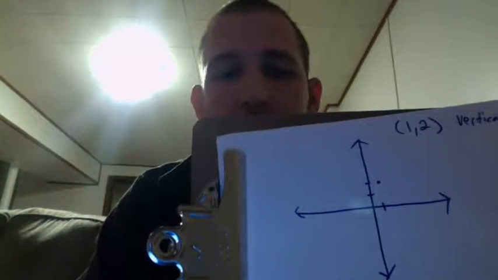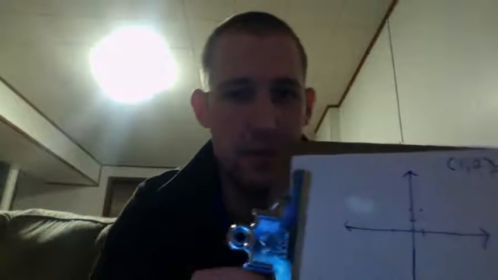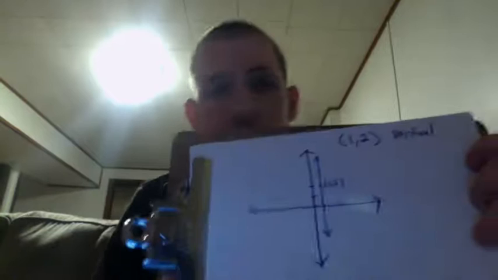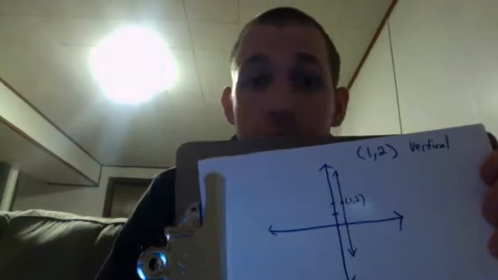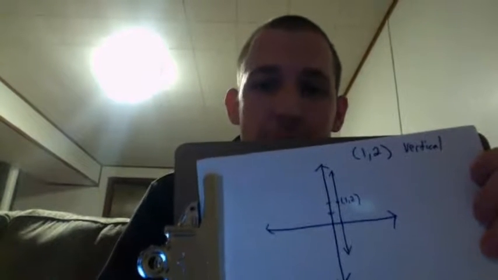So the point (1, 2) is right there, where I made that little dot. I'm not making a bunch of grid lines here, I'm making little hashes. If it's vertical, the line is going to go straight up and down. I'm going to label that point (1, 2) so we don't forget where it is. I think we're all okay with that going through (1, 2) and being vertical.